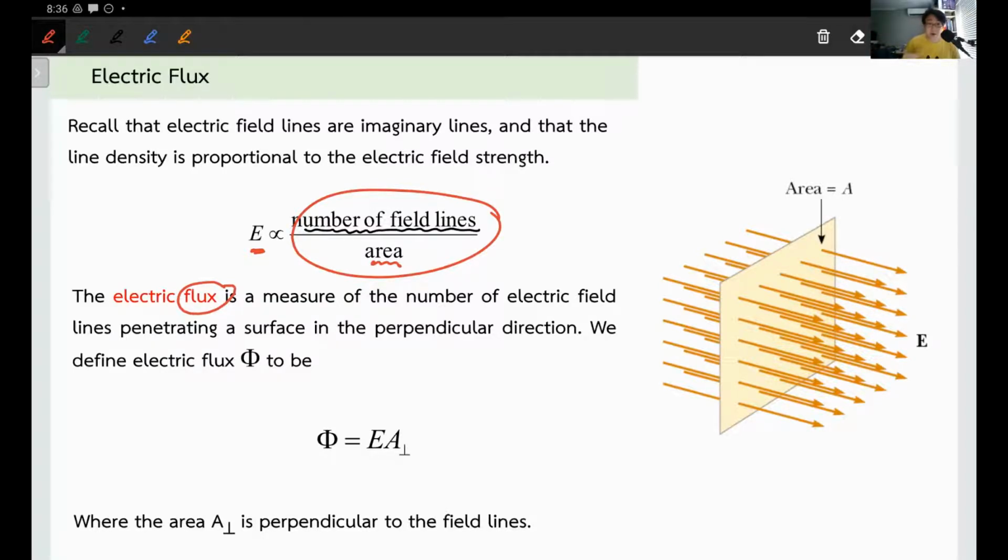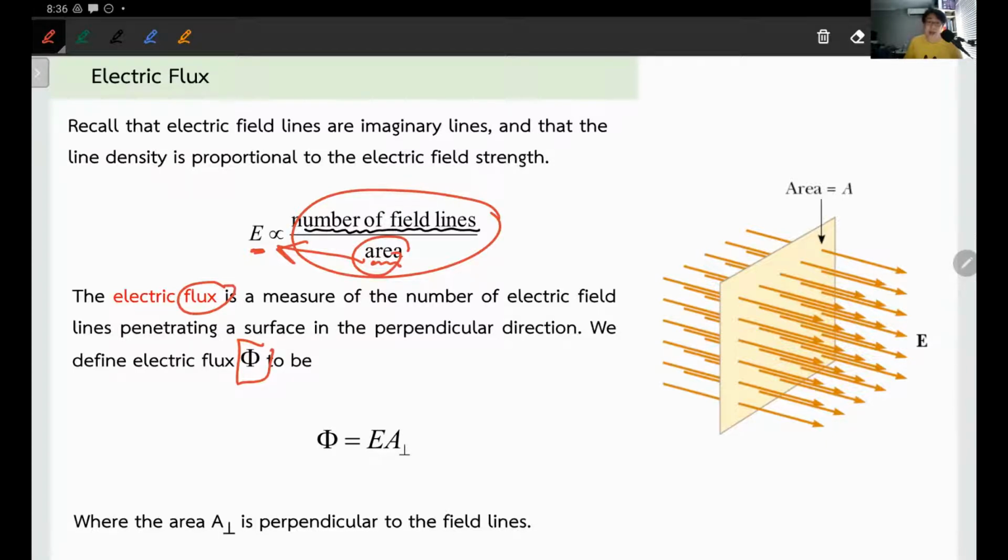Okay, so the number of those lines, you can call it electric flux. We're going to use the notation phi for flux. So in conclusion, you can move the area to the left.